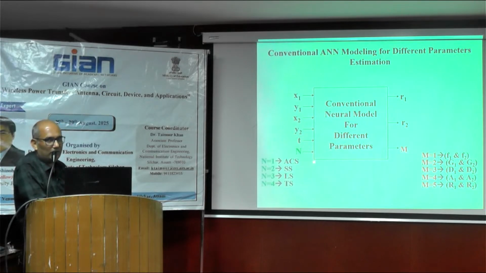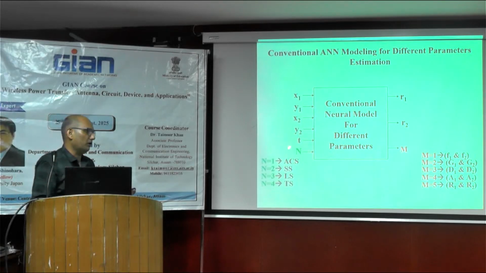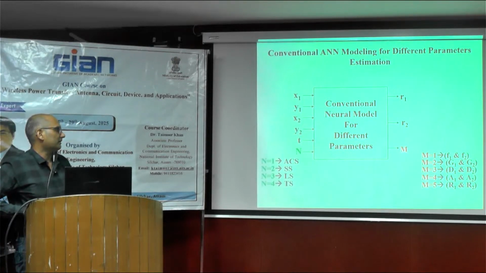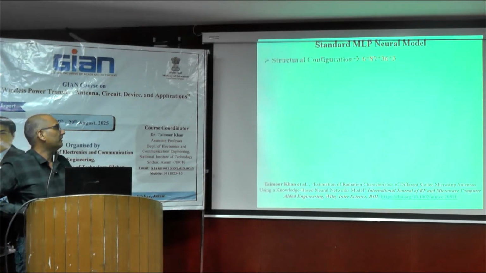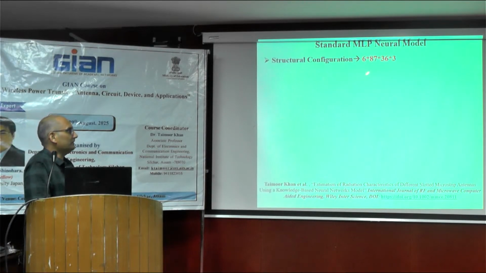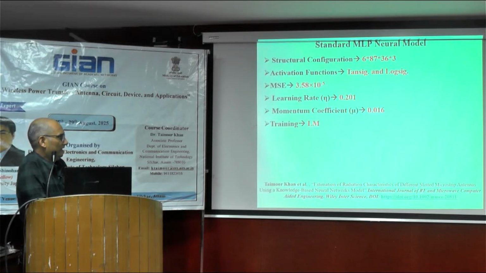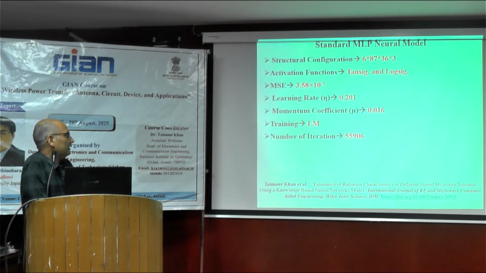That difference is incorporated on the input side, where 2 mode controls are additionally incorporated in the model. Now this is the structure of the model: activation functions tansig and logsig, mean square error, learning rate, momentum coefficient, training with the LM algorithm, number of iterations, training time, required memory.